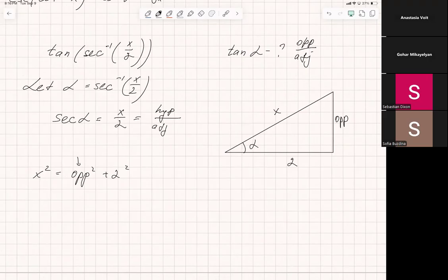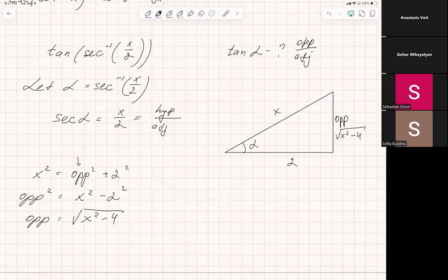Although x is unknown, it's still given to us. So I have x squared minus 2 squared, and then I take the square root. I have opposite side equals the square root of x squared minus 4, and this is what my opposite side is equal to.